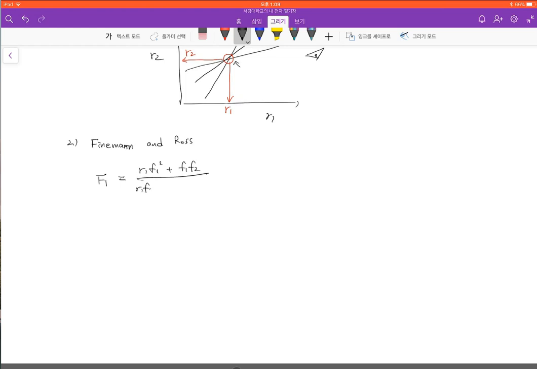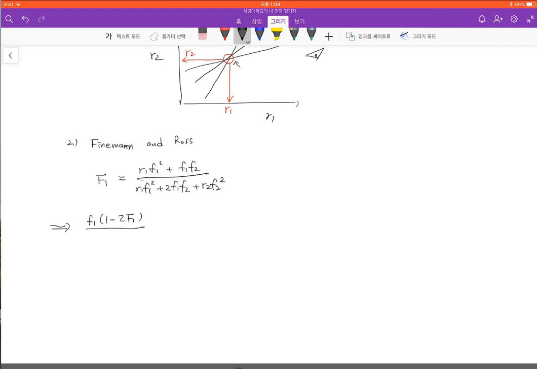If you recall, large F1 was R1 F1 square plus F1 F2 over R1 F1 square plus 2 F1 F2 plus R2 F2 square.